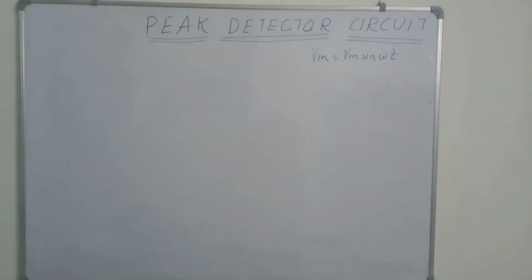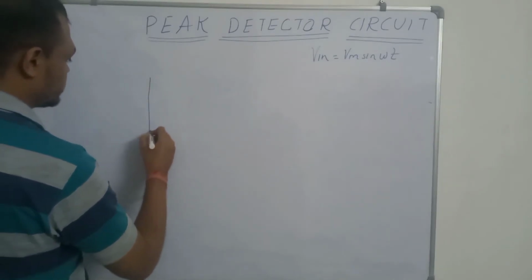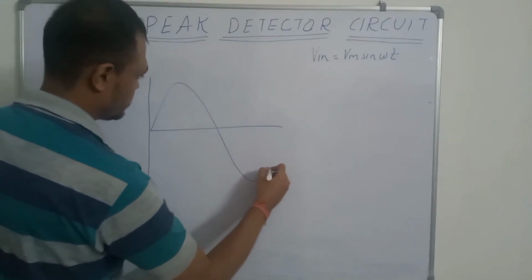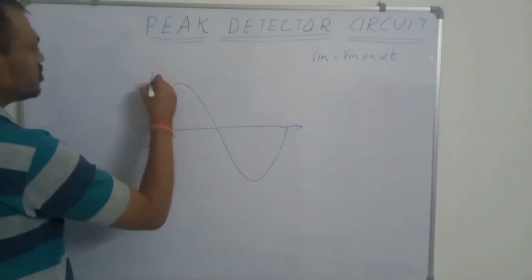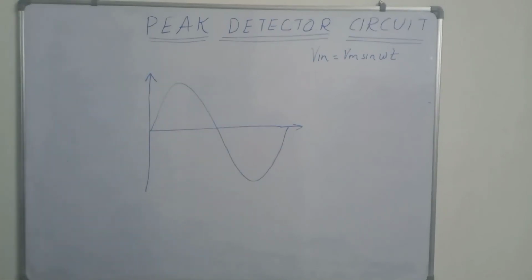So we can draw the waveform like this. This blue wave is the input voltage, and this is at time T by 4.